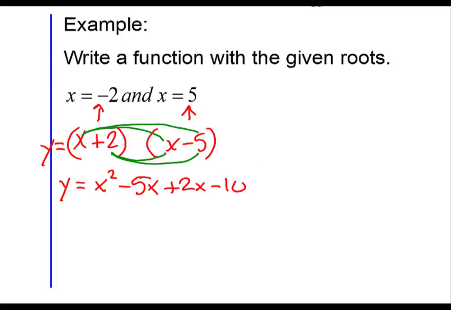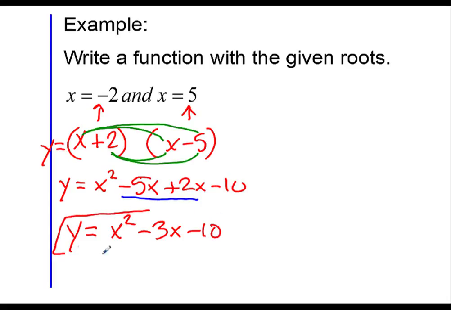We do have like terms right here in the center. We have a negative 5x and a positive 2x. So my final answer to my function is y equals x squared minus 3x minus 10.